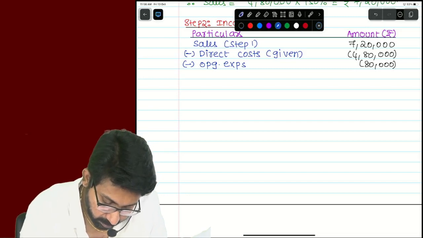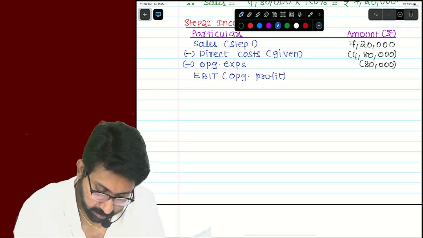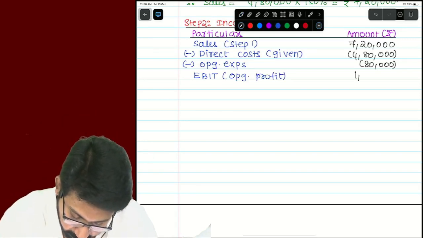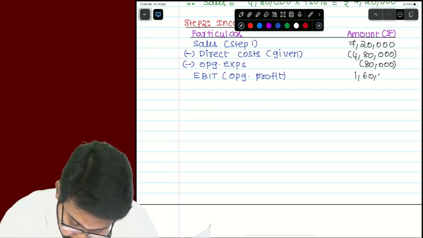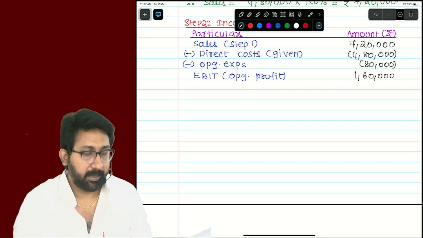What is the EBIT, also called as what profit? Operating profit. Tell me what is the operating profit value? 1 lakh? 1,60,000. Copy down up to here.